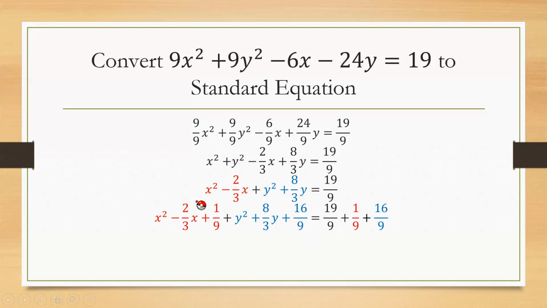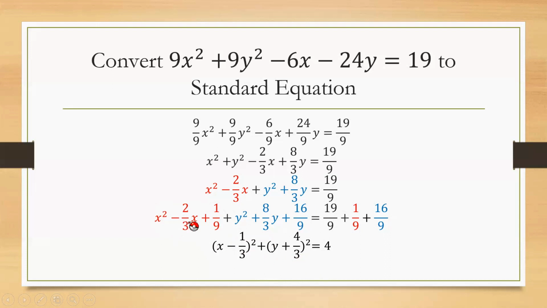So again, whatever numbers we add to this side of the equation, we also add to the other side. Then we simplify the equation. 19 over 9 plus 1 over 9 plus 16 over 9, we get 4. And then if we simplify our x's and y's, we get x minus 1 over 3 squared plus y plus 4 over 3 squared.